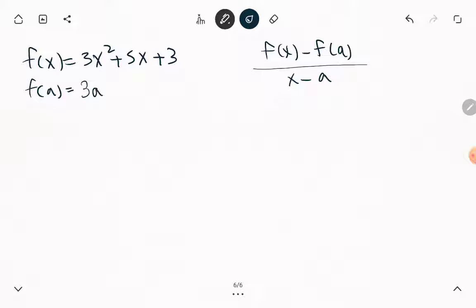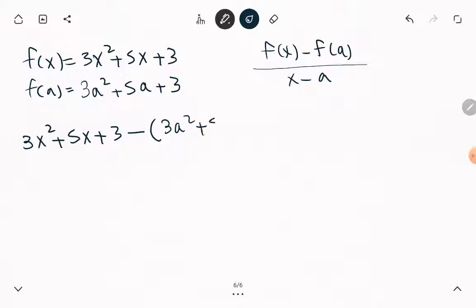So this is 3a squared plus 5a plus 3, right? So I can plug in what I have here on hand into this formula. Let's start. So 3x squared plus 5x plus 3 is my f of x, and then minus, just put your f of a in parentheses, minus 3a squared plus 5a plus 3 in parentheses, all over x minus a.